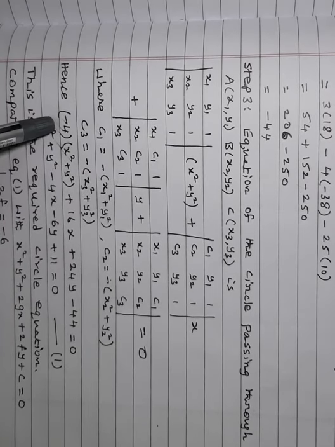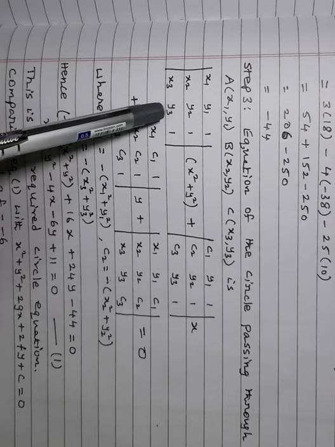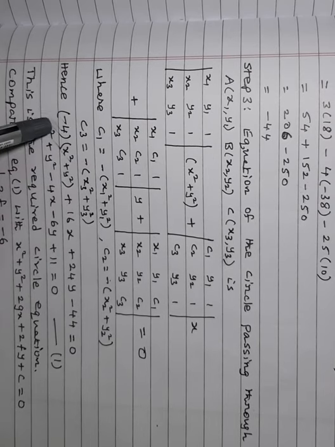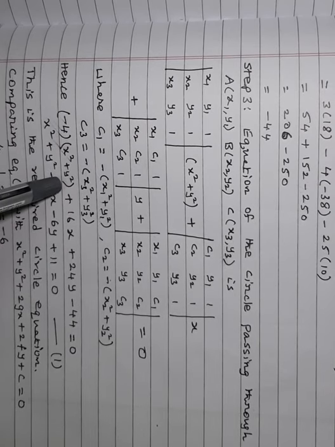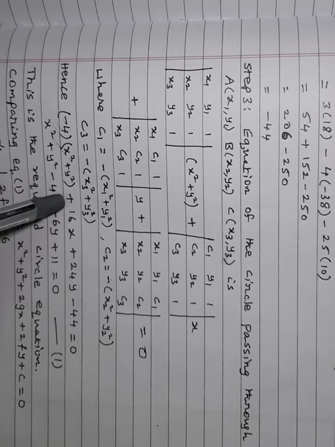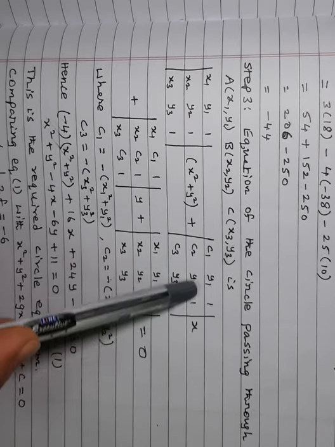We substituted minus 4 multiplied by x square plus y square, plus this determinant value is 16.